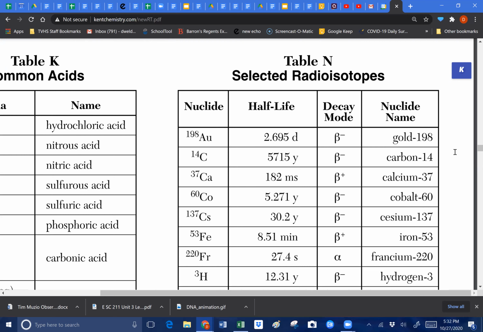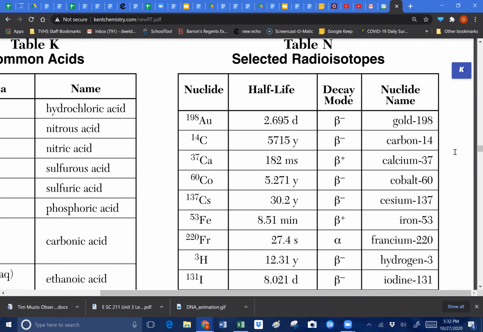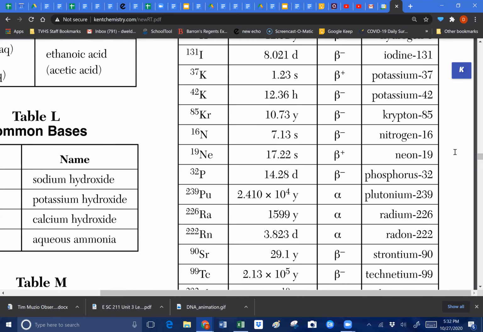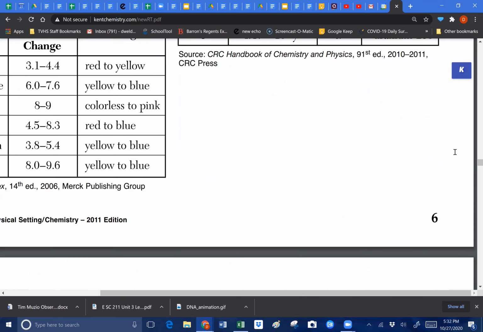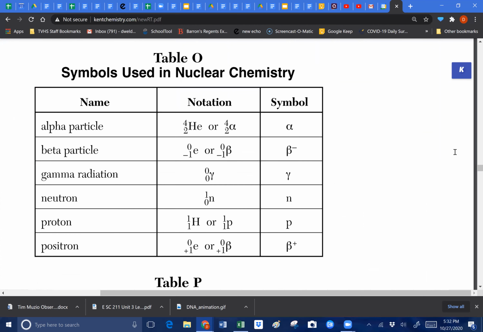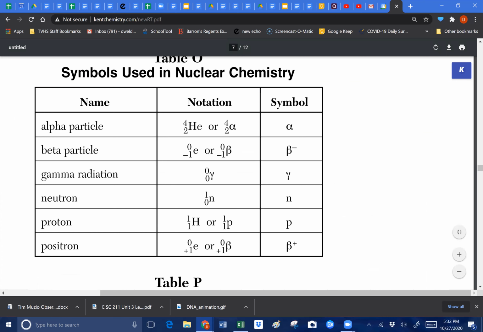It also tells you the decay mode, and it tells you the symbol, mass number, way of writing it. I should also quickly mention that table O, which is after table N, gives you the names, the notation, and the symbol for the different emission particles.